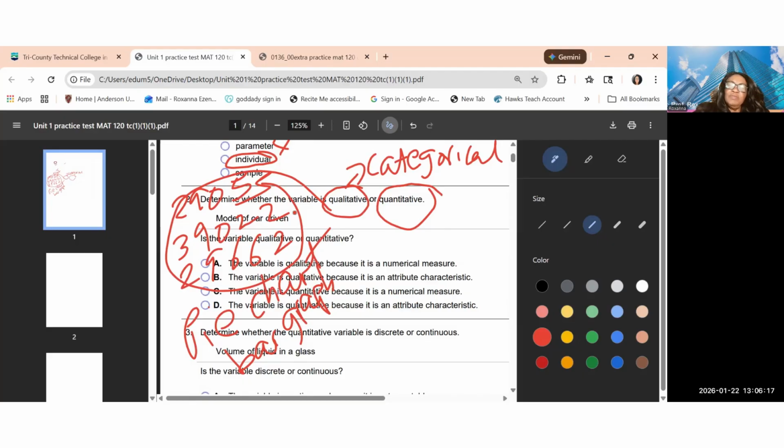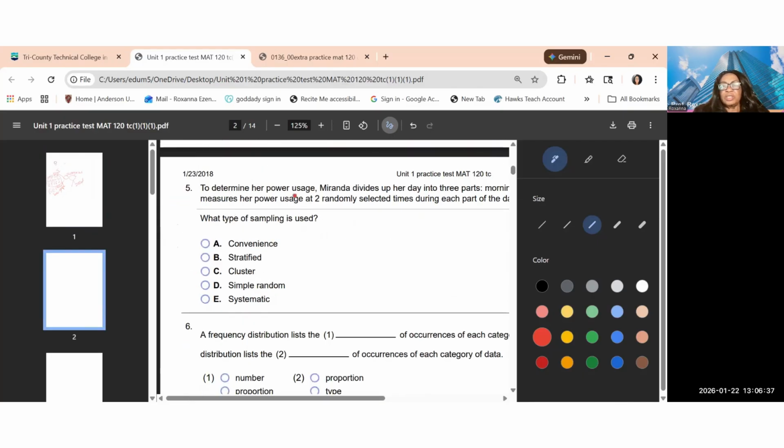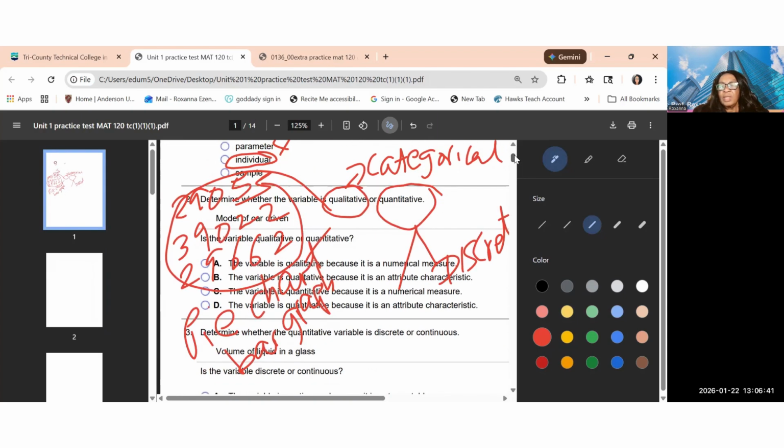But if the variables are quantitative, and by the way, a quantitative variable can be discrete or continuous.